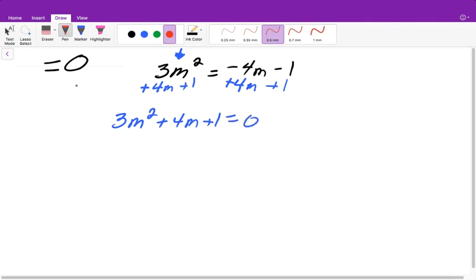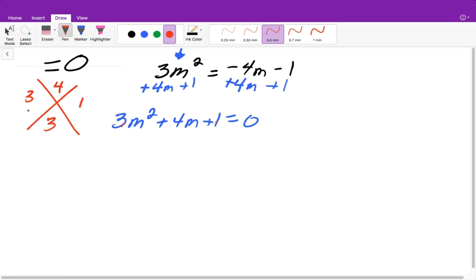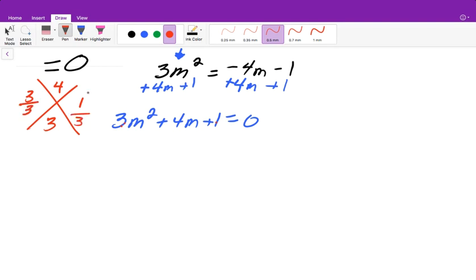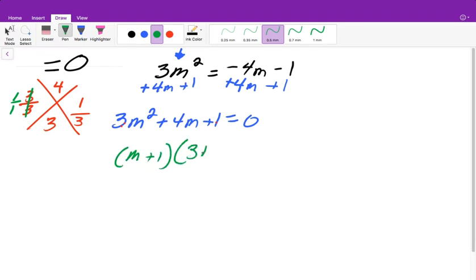All right, I'm going to go ahead and use the x method. So 3 times 1 will give me 3. So numbers that multiply to 3 and add up to 4 are 3 and 1. And now we need to divide by this 3. 3 over 3 reduces to 1 over 1. So then this will factor out to m plus 1 times 3m plus 1. And then we need to go ahead and set it equal to 0.